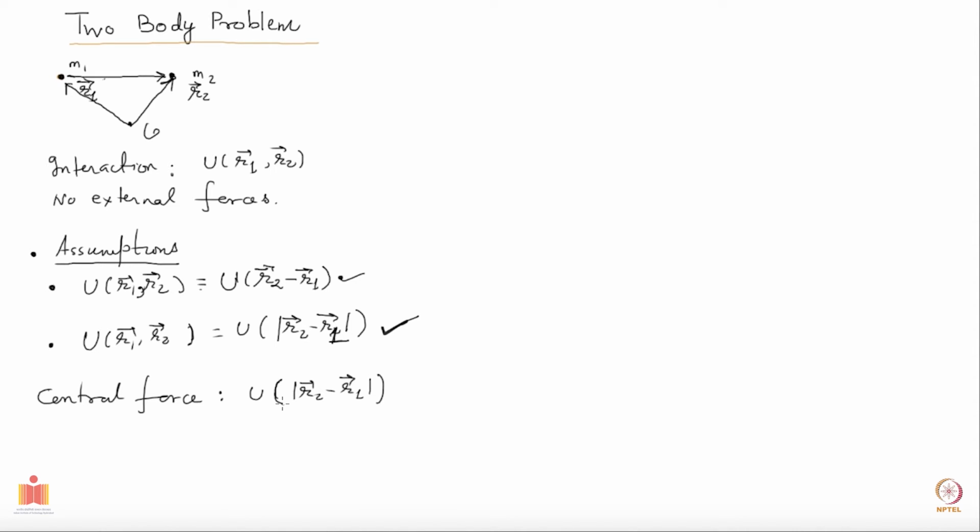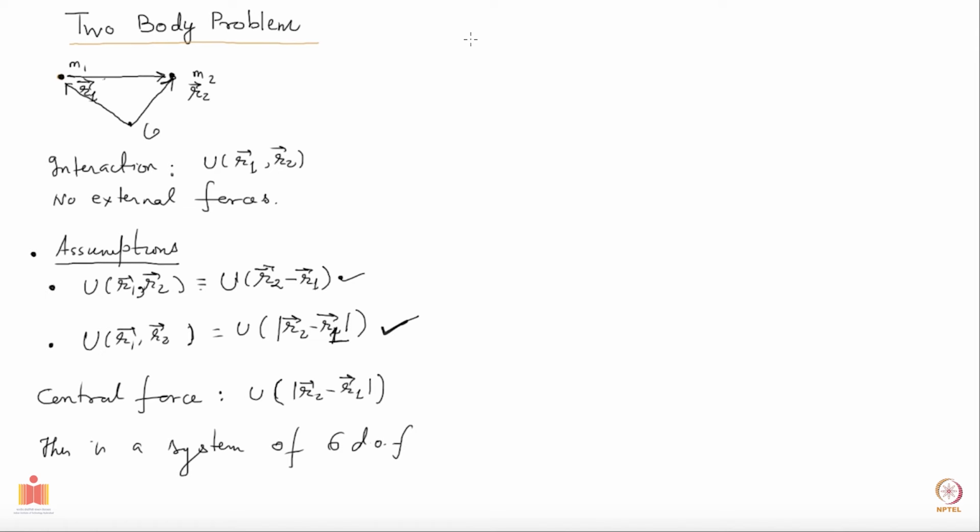I want to see how much I can say about such a system just based on the fact that this is a central force system. One thing is clear: this is a 6-dimensional system. It has 6 degrees of freedom, which is obvious, since each particle has 3 degrees of freedom.